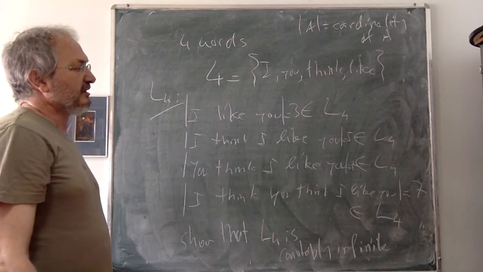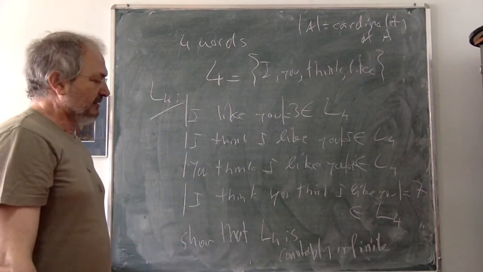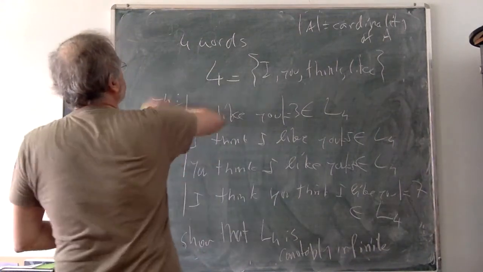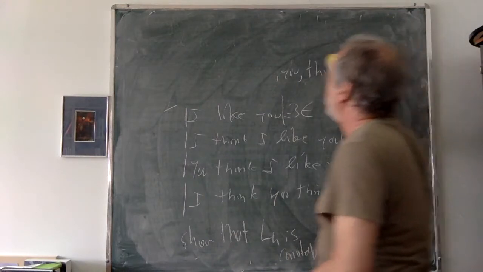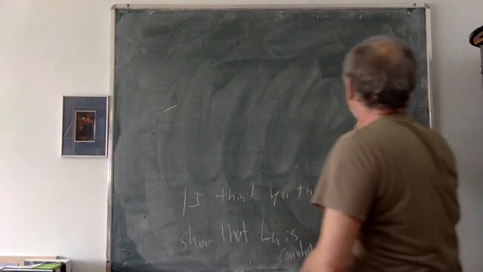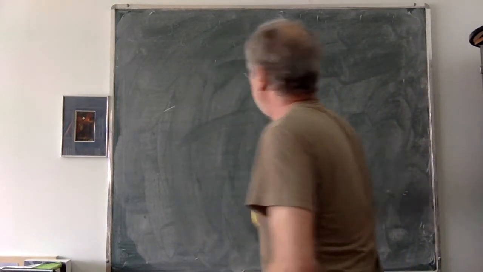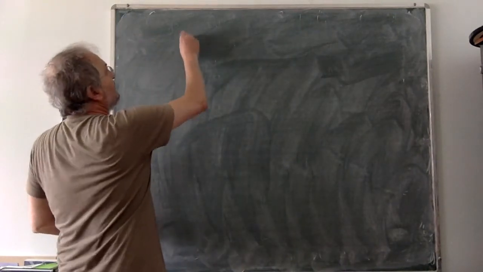So you might be thinking, well, maybe it's not possible to show this. But think about the set again and begin to structure that set. And you can do this by form.